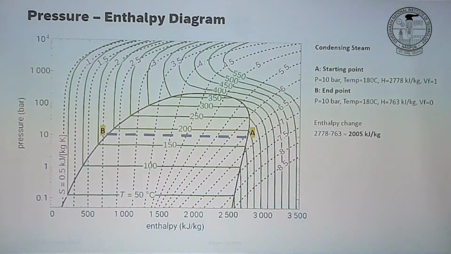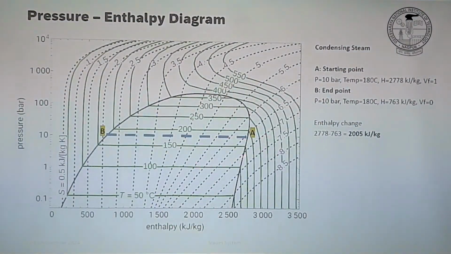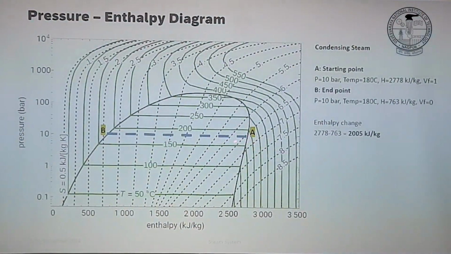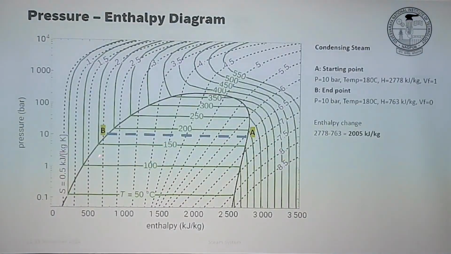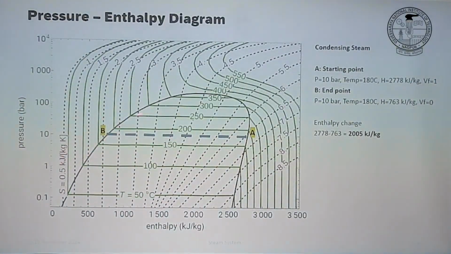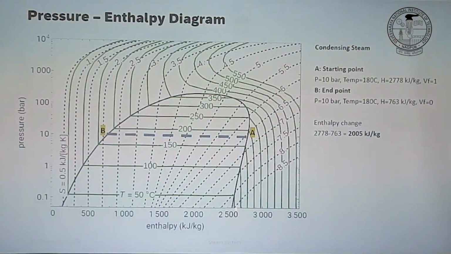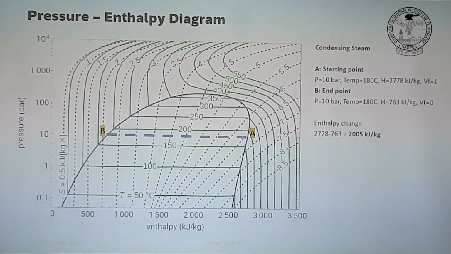And if we talk about condensing the steam, condensing means we are at the same pressure, right? We are just changing the vapor fraction from 1 to 0. As we said, this is the saturated liquid line. This is the saturated vapor line.